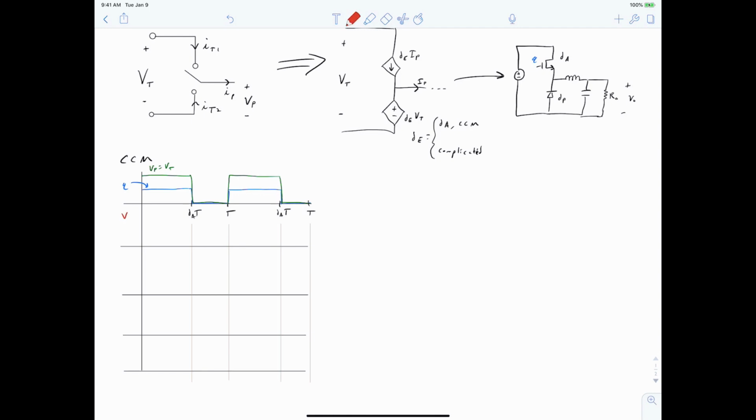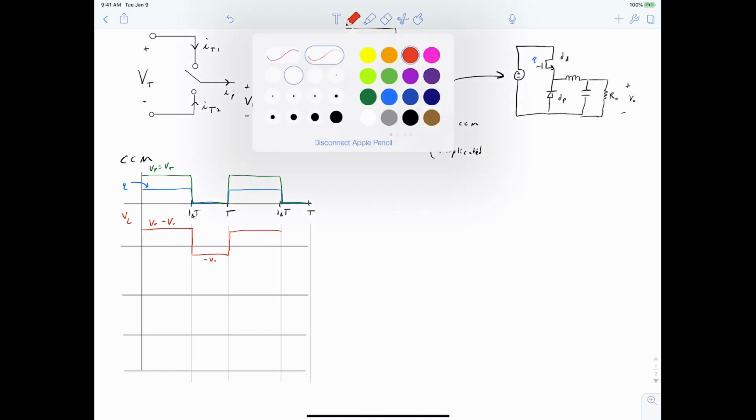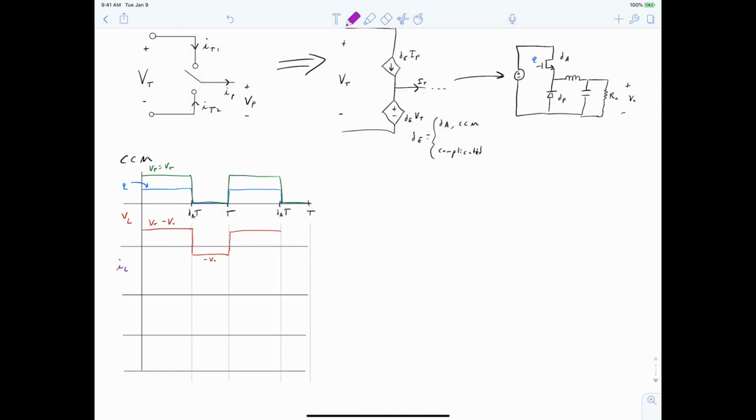We can next sketch our inductor voltage as being equal to Vin minus Vout, or Vt minus Vout, when the MOSFET's on, and then being a negative Vout when the MOSFET's off. And the reason that this becomes a negative Vout is the fact that we have built up a current in our inductor during this interval, and that current is going to continue to flow.